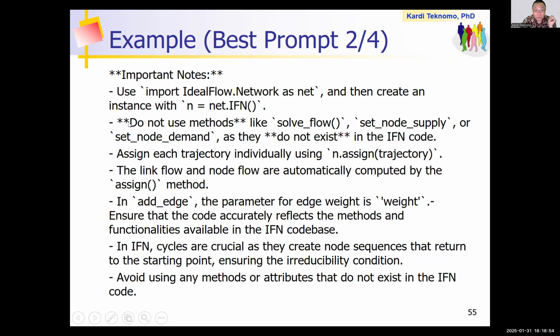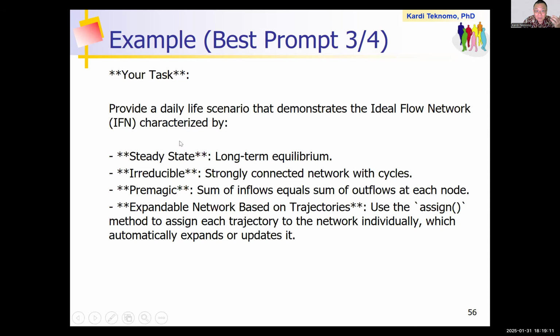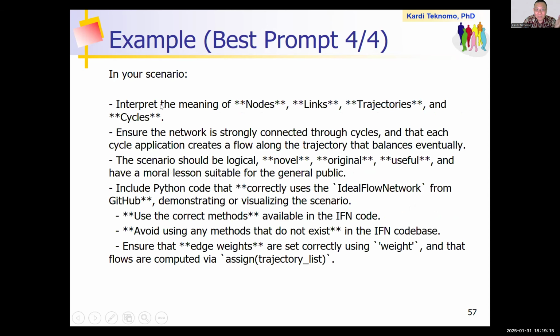So the 2 stars always represent the bold and header. And look at the backtick here. The backtick represents the emphasis. So this is the prompt that was created by AI after many rounds of revision. Again, your task is the same thing, and produce the scenario that I want.